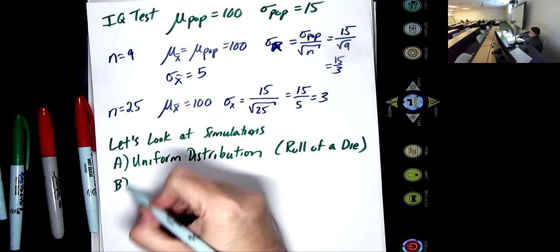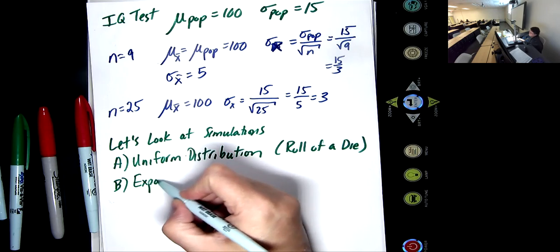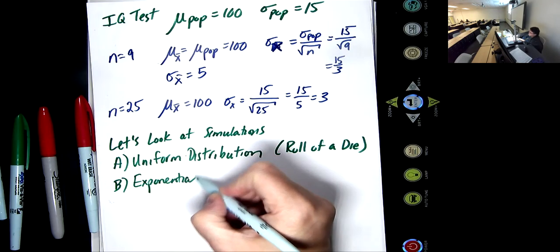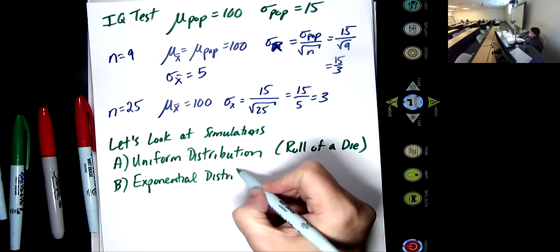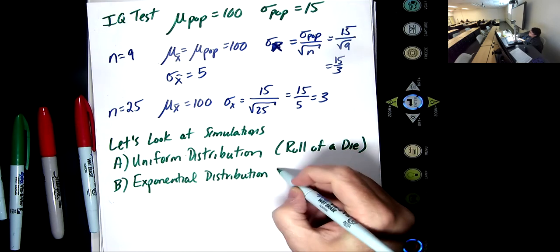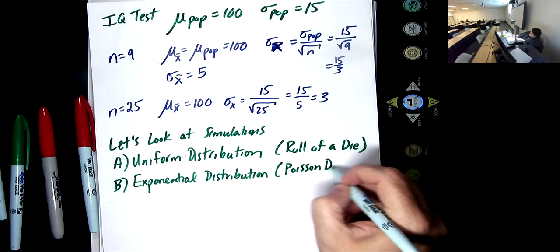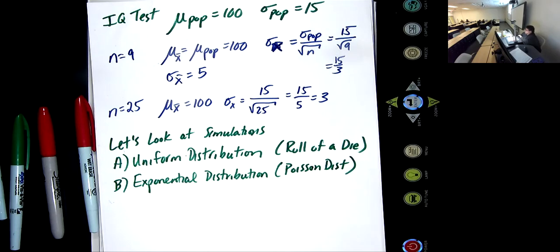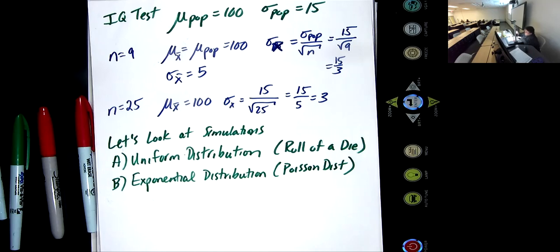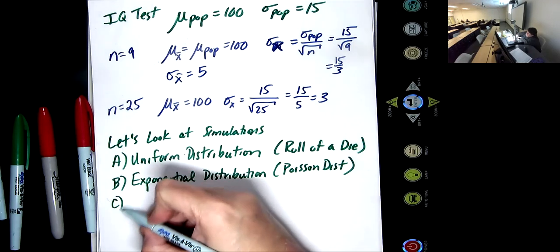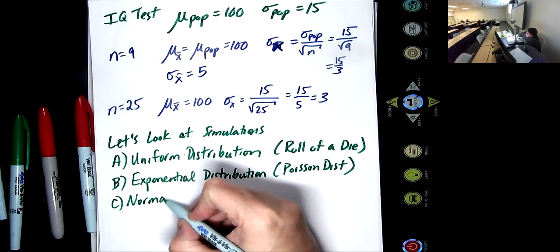We'll look at an exponential distribution, which is what the Poisson distribution is. And then we'll look at a normal distribution like the IQ test.